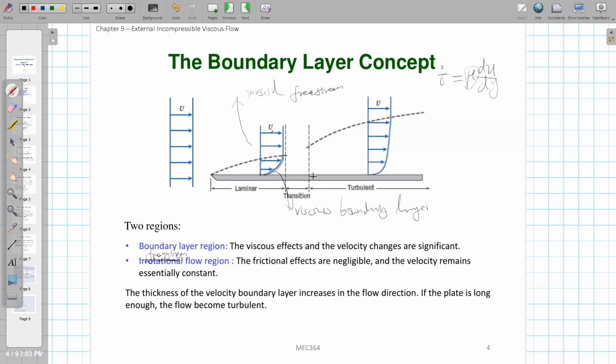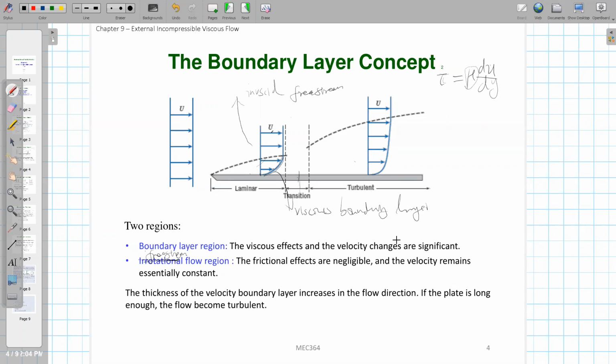Also, if your plate is long enough, at some point the flow inside this boundary layer will transition from laminar flow to turbulent flow. It always starts at the plate tip as a laminar flow first, but after some plate length, it will become turbulent flow.